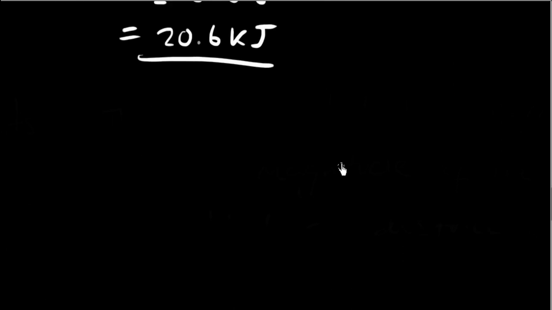And then the next question, we only have a couple of minutes left, but we'll do, let me see. The next question was explain why the stopping distance of a car increases so much with speed.